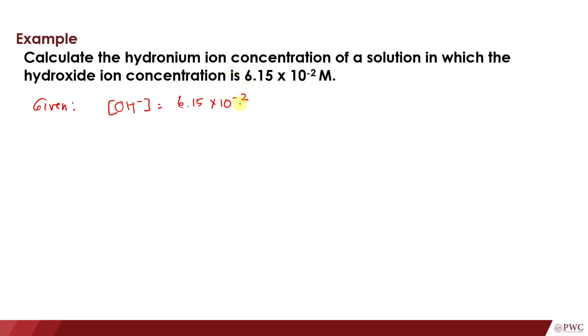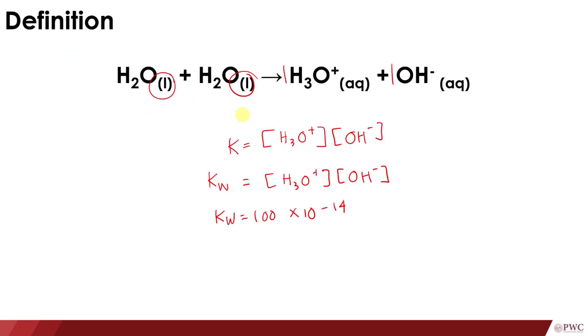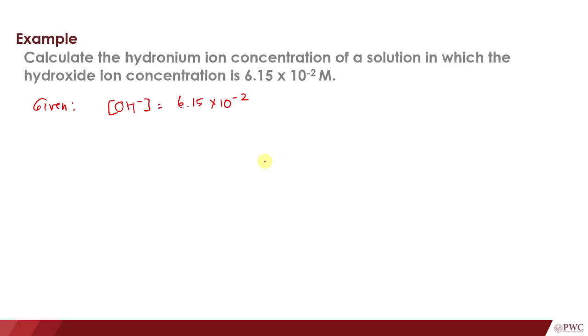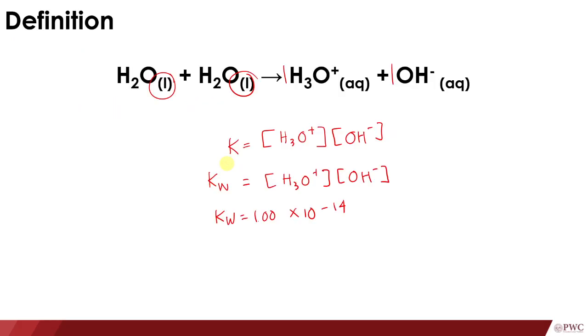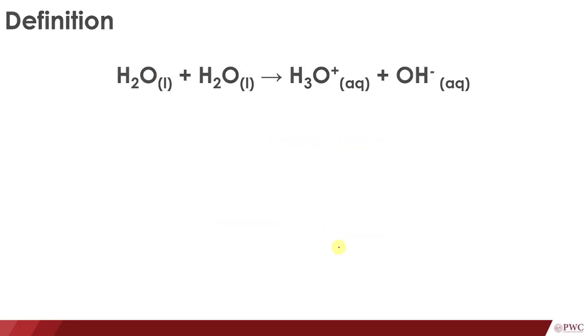And for this one, we can use the Kw. Kw is equal to the molar concentration of the hydronium, H3O+, times the molar concentration of the hydroxide ion, OH-. Now, of course, Kw is constant. It's equal to 1.00 times 10 to the power of negative 14.